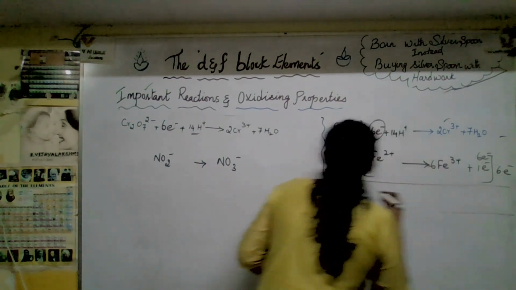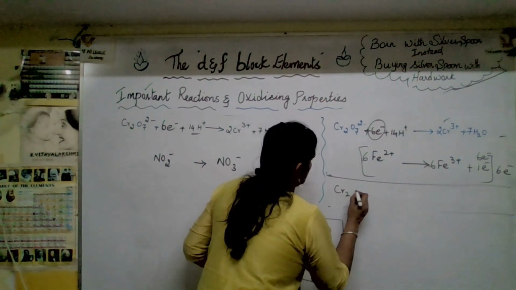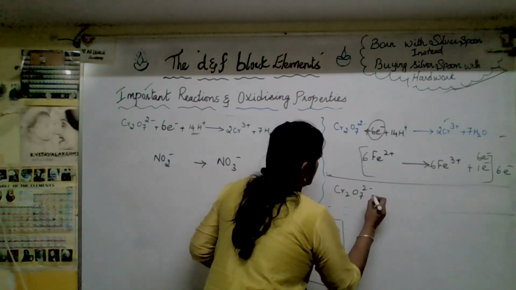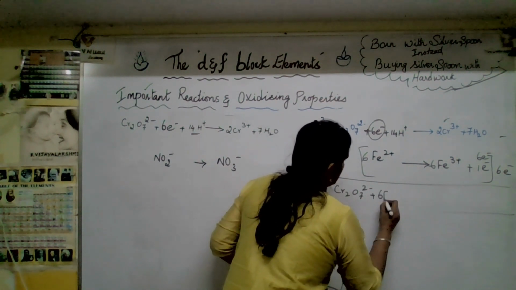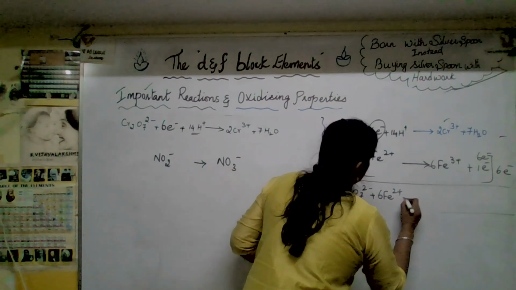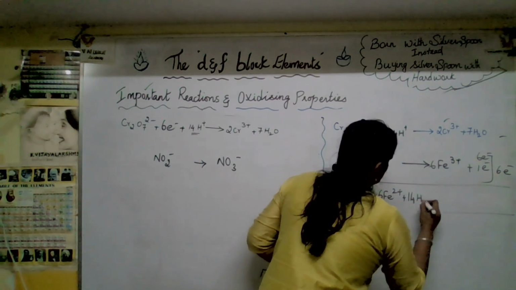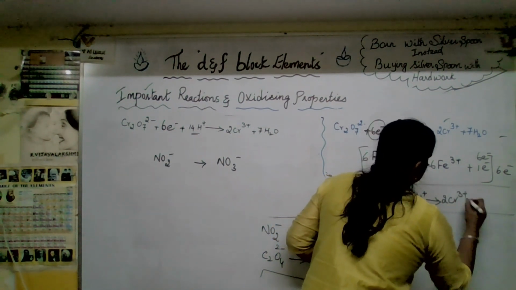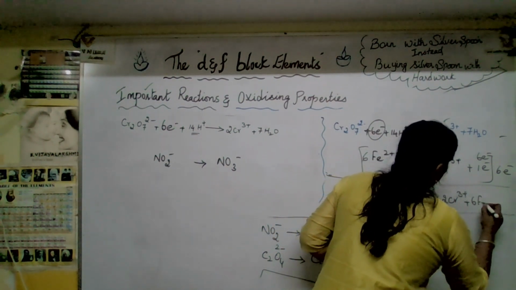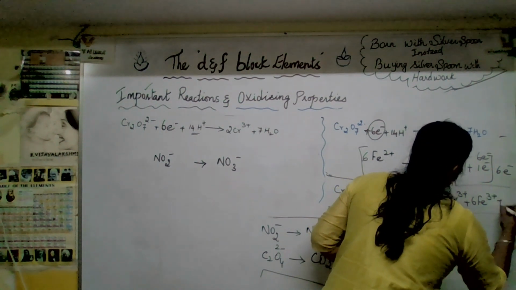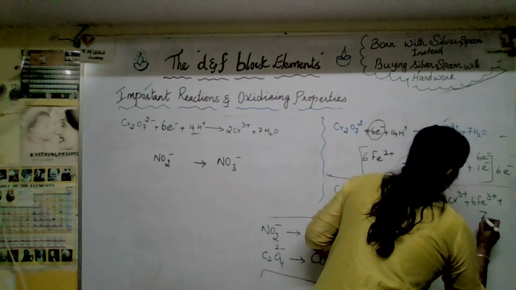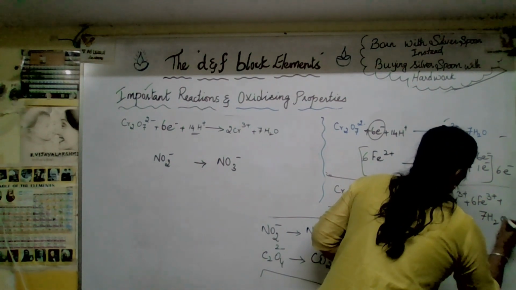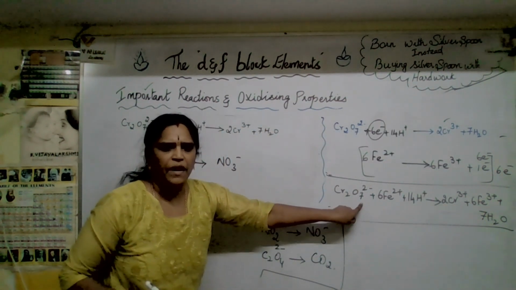So what is the answer you will get? Cr2O7 2 minus plus 6 Fe2 plus 14 H plus gives 2 Cr3 plus, 6 Fe3 plus, 7 H2O. Hope you got a better idea about this.